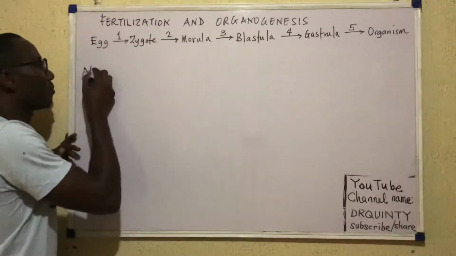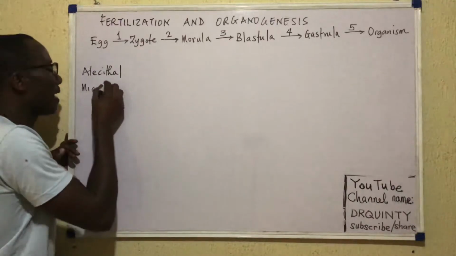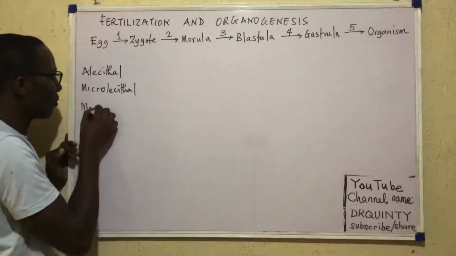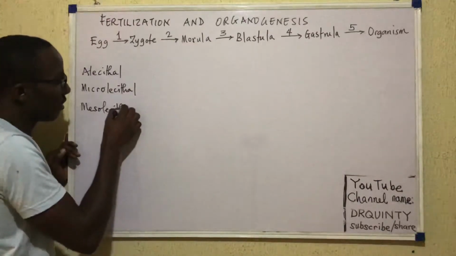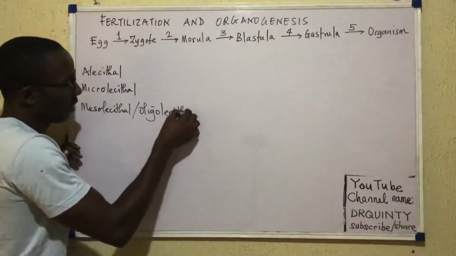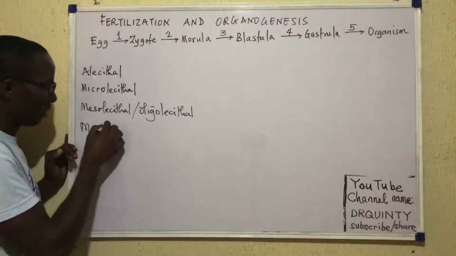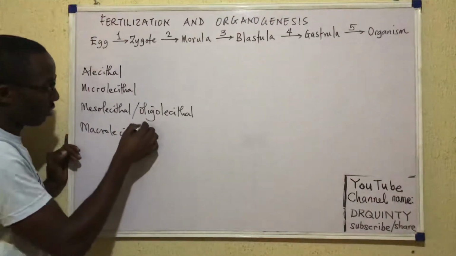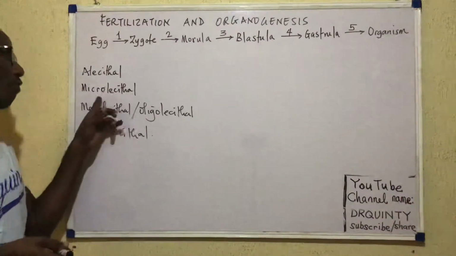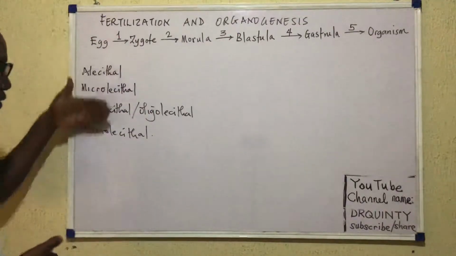Eggs may be alecithal, microlecithal or mesolecithal. Mesolecithal is also called oligolecithal. And then there is macrolecithal. Some persons use oligolecithal as an alternative term for microlecithal. So leaving oligolecithal out of it, what do these terms mean?